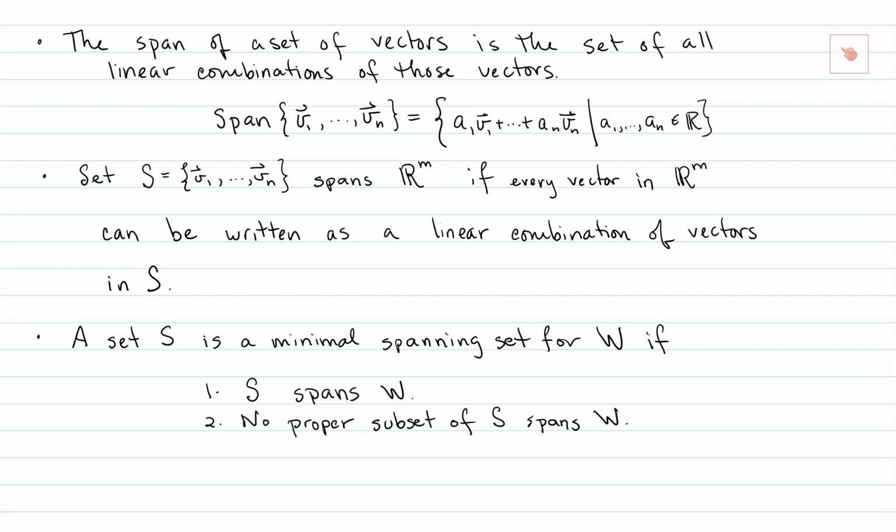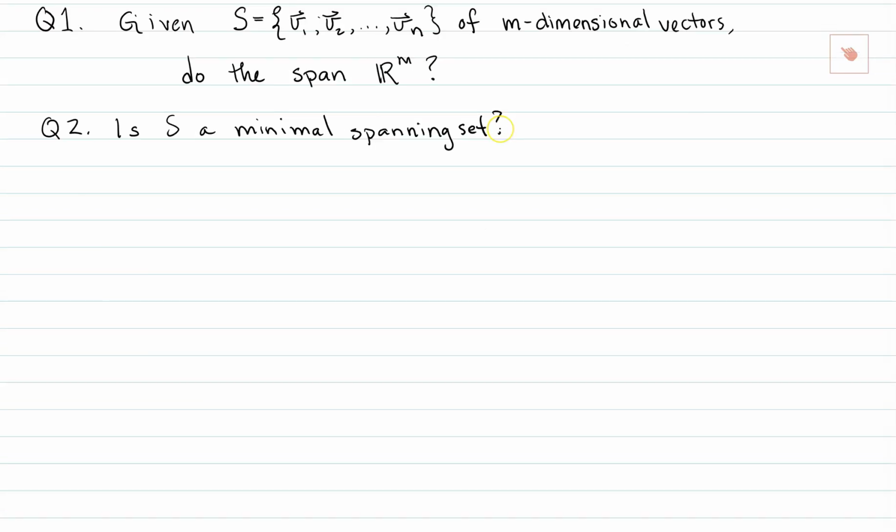Now there's a lot of ideas here, but it all can be decrypted for any set of vectors by just looking at the row equivalent reduced echelon form, or even just echelon form, of the matrix of vectors in the set S. So let's look at a couple of examples and answer some questions related to these three things.